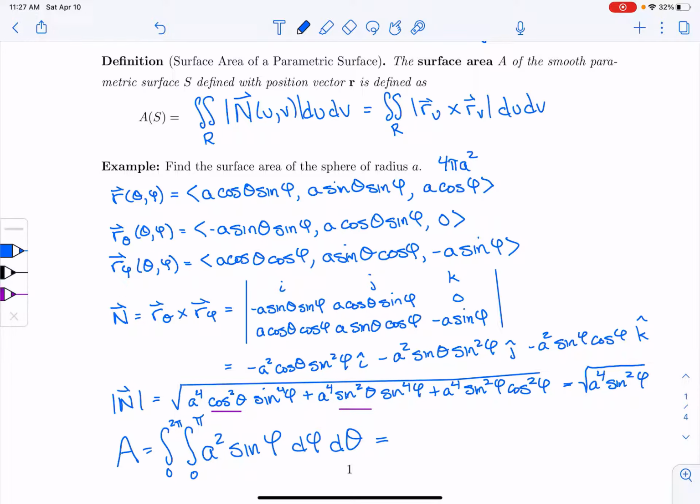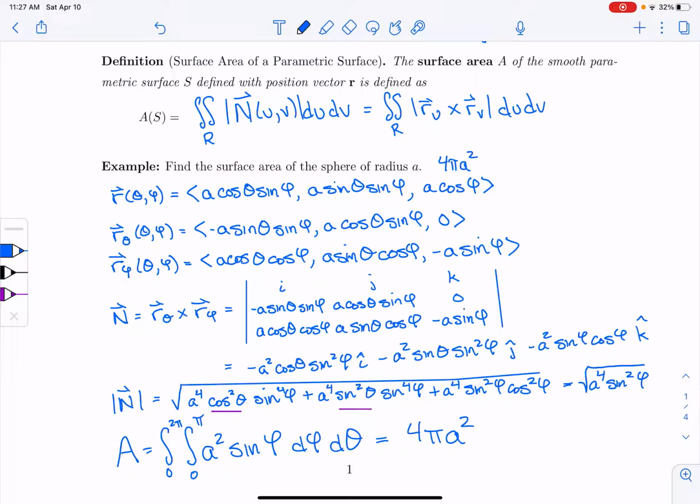Now this is a fairly simple integral to do, and we've seen this a few times before, and when you do this integral, you're going to get 4 pi a squared, which is exactly what we expected for the surface area of a sphere.